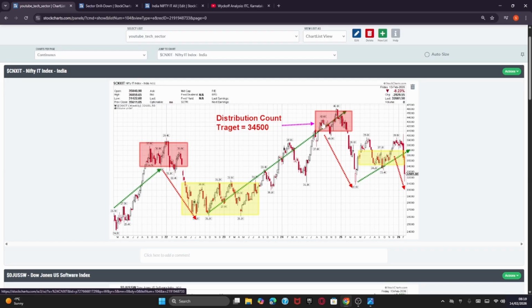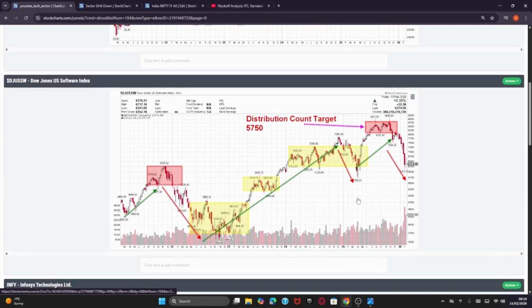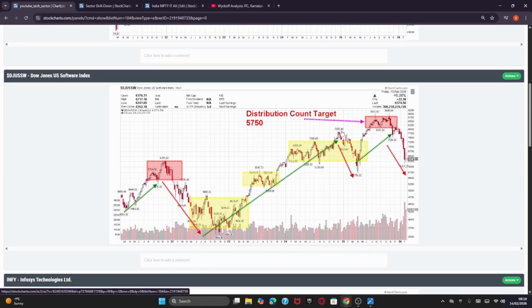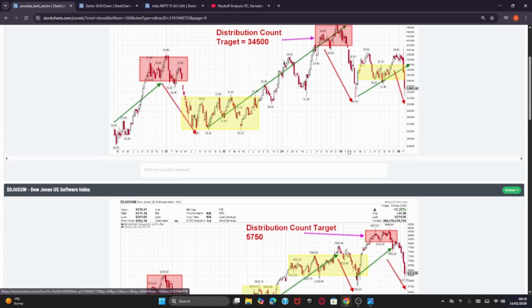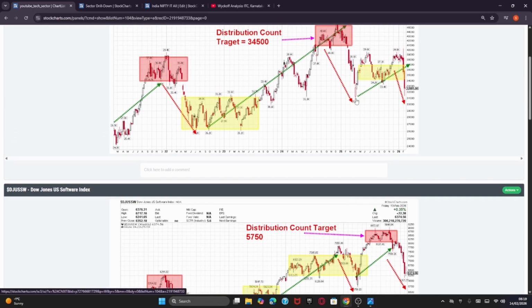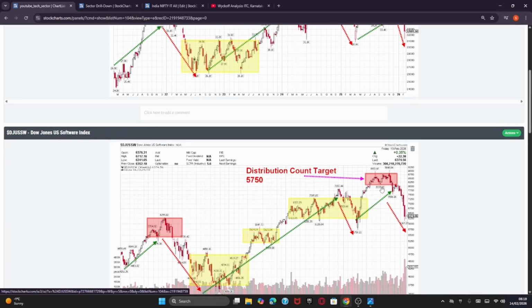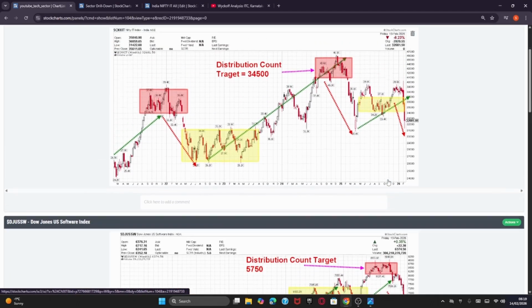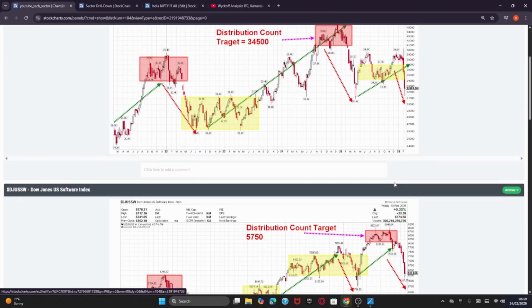There is a sign of distribution starting in the Indian market, though it was a bit different in this area, but almost here also there is an equal markdown. In the US market as well, there is a markdown here in 2025, and a quick reversal happened after, which matches over here. But what's happening right now, we need to understand.